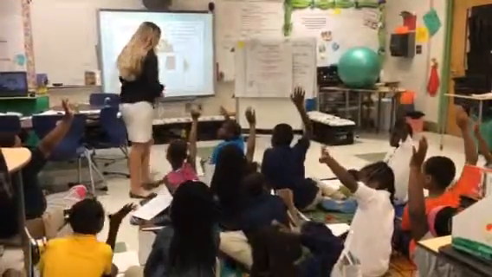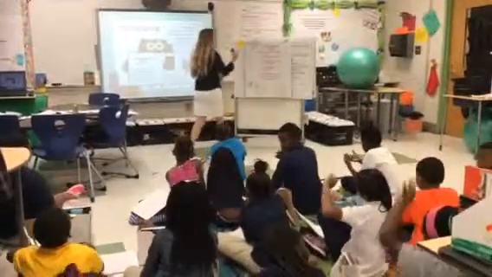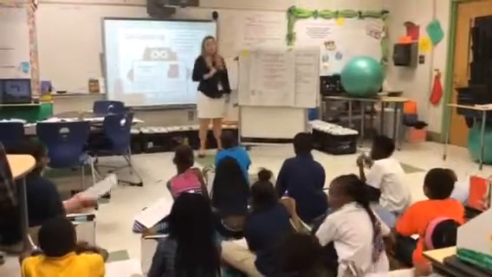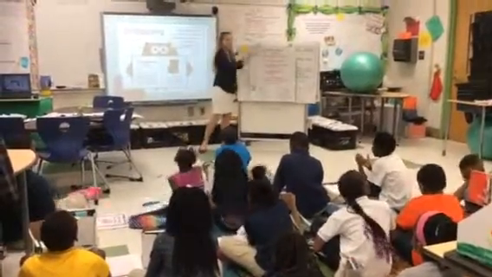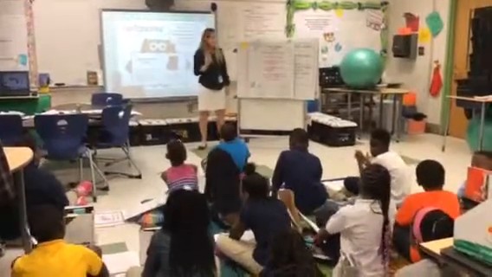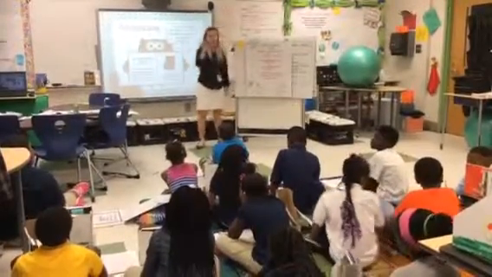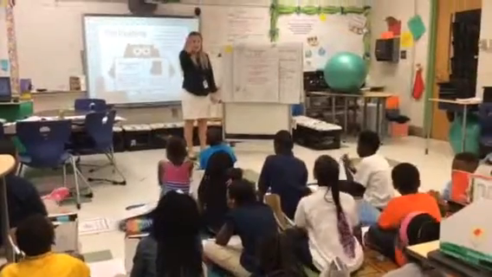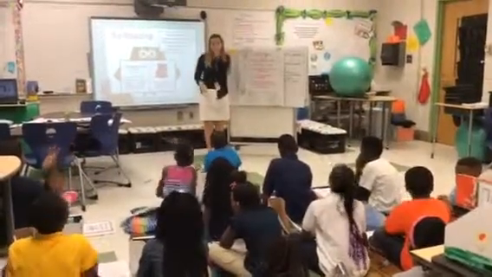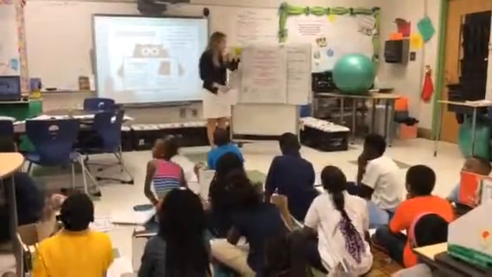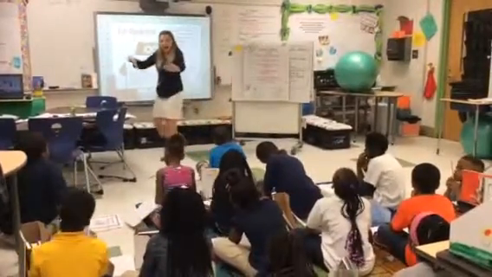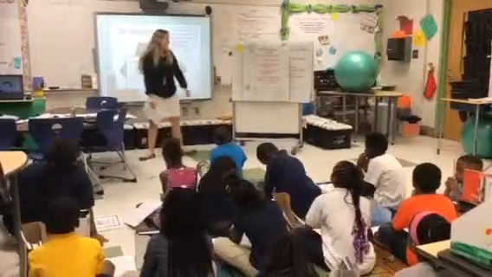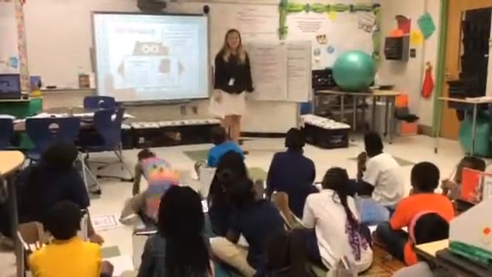Alright, so let's talk about what this looks like. We need to review what partner reading looks like before we go partner reading. We talked about it, and we practiced it, and we talked about how you stand up from the carpet. We talked about how you locate your partner, bring all your materials with you, with your partner to a spot. Sit. We talked about how we sit.